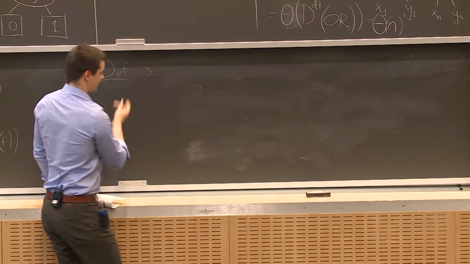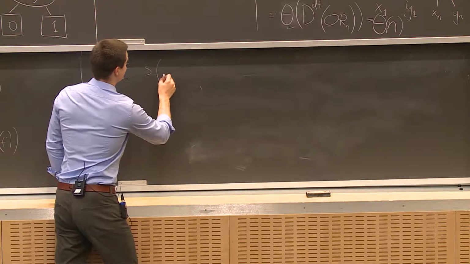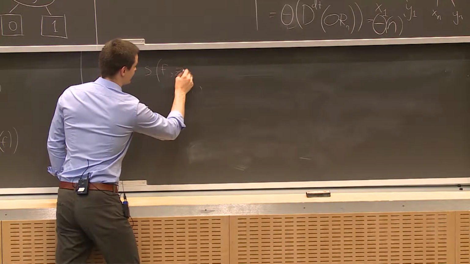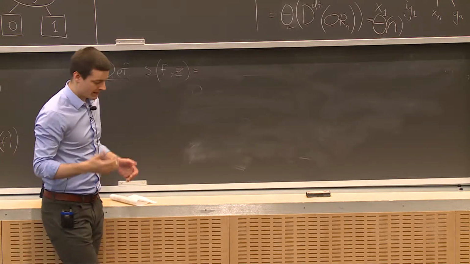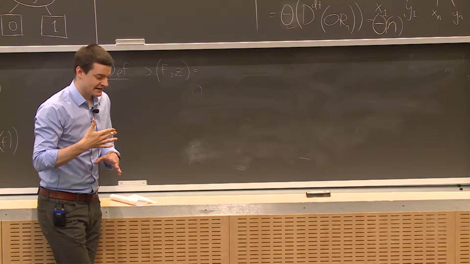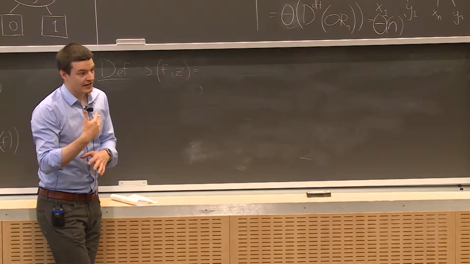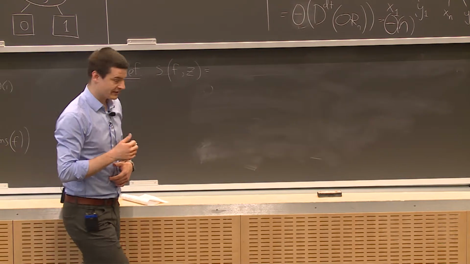Sensitivity of f at a particular input z is just the number of coordinates that are sensitive, meaning the value of the function changes if I flip the coordinate.